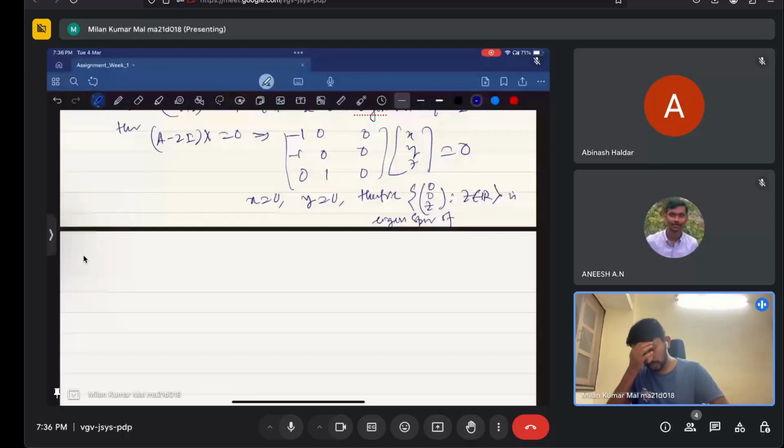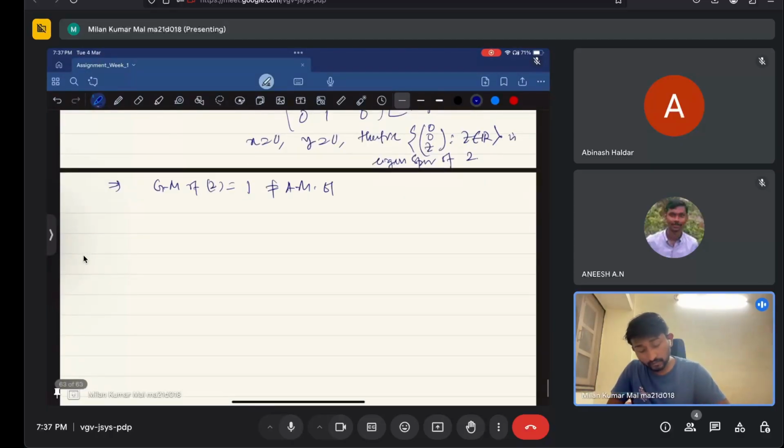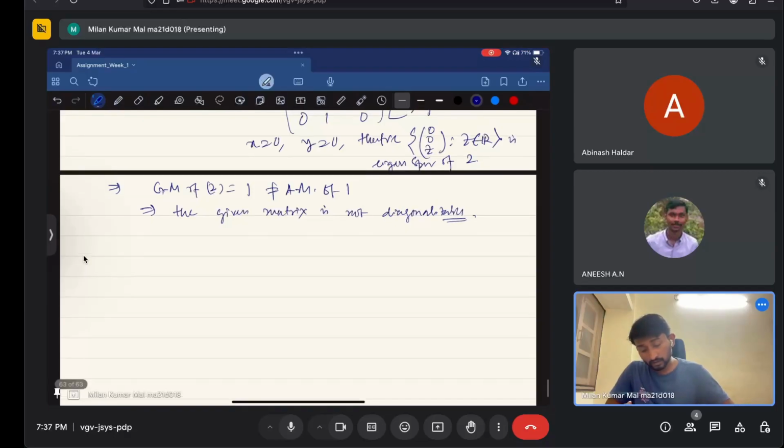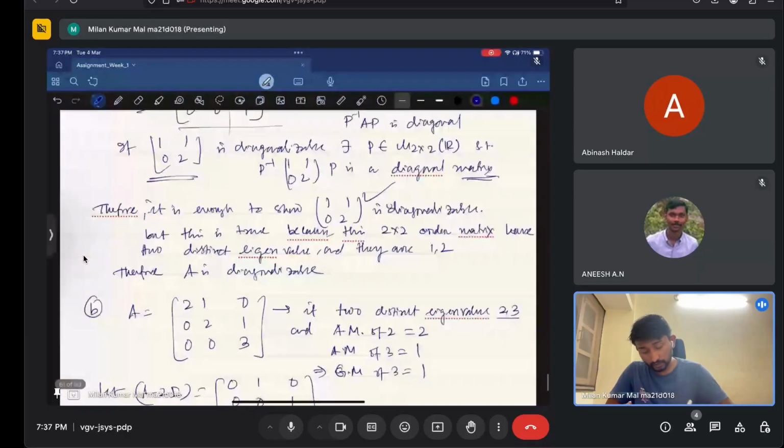Therefore the dimension, or geometric multiplicity, of 2 is equal to 1, which is not equal to the algebraic multiplicity 2. So the given matrix is not diagonalizable, so therefore this option is also not correct.